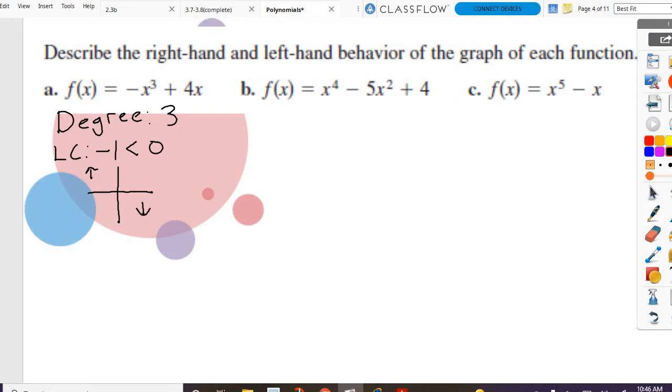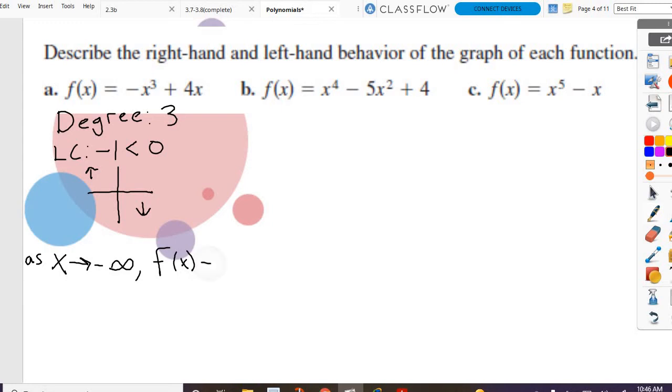Now, we can use that kind of to help guide us, but like I said, this is not our answer. You can also not put up, left, down, right. Okay, that's not going to cut it either. We need to use the correct notation. So if I'm talking about the left side of our graph, what is x going towards? Negative infinity. So as x goes towards negative infinity, what is f of x doing? Is it going up or down? Up.